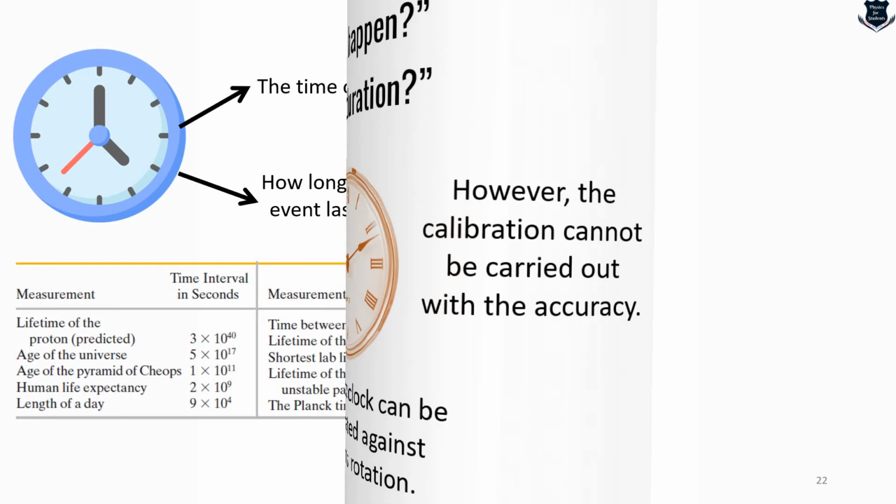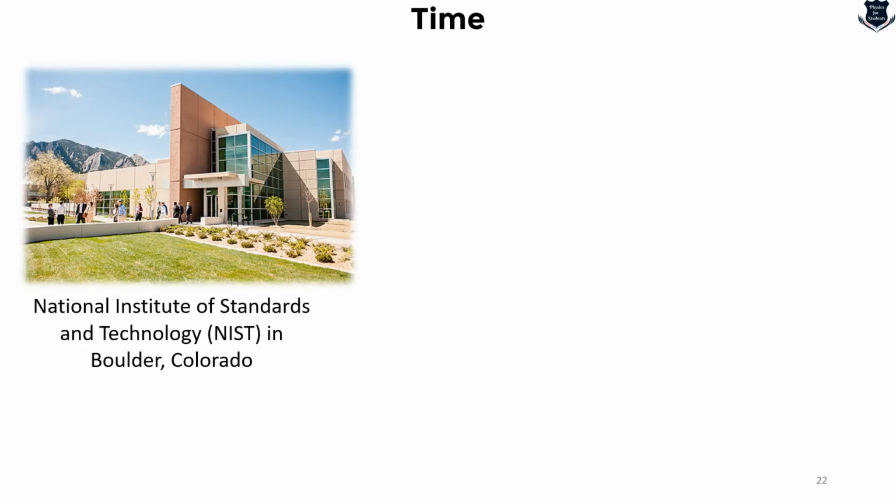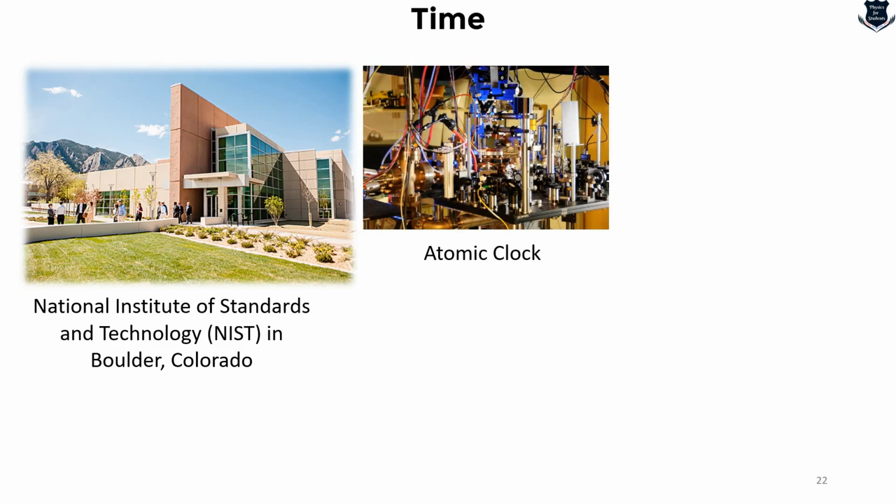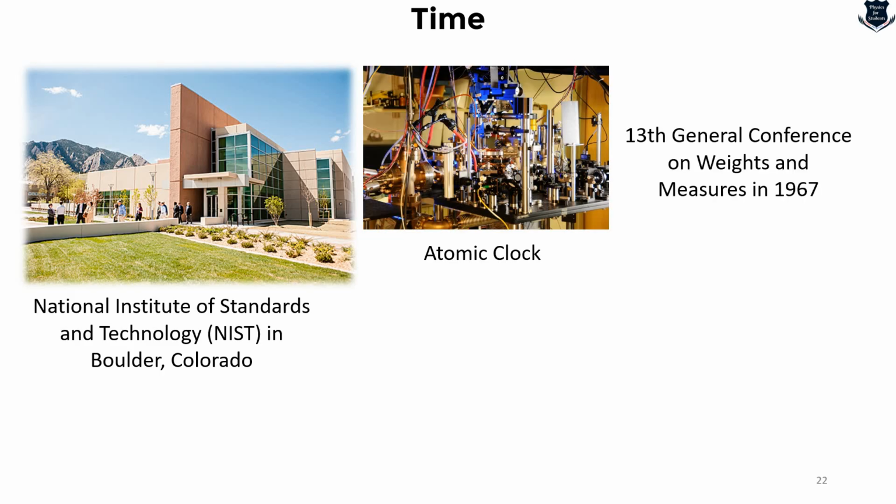So what to do? What happened is that at the National Institute of Standards and Technology, abbreviated as NIST, in Boulder, Colorado, USA, to meet the need of a better standard of time, physicists adopted what is called an atomic clock. An atomic clock was set up at NIST, and the Coordinated Universal Time, UTC, was finally adopted.